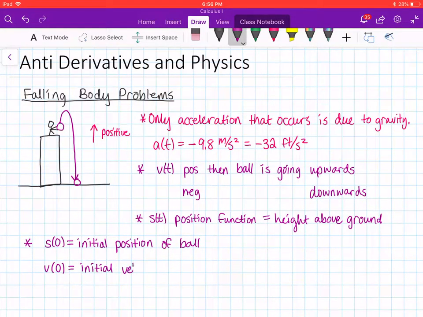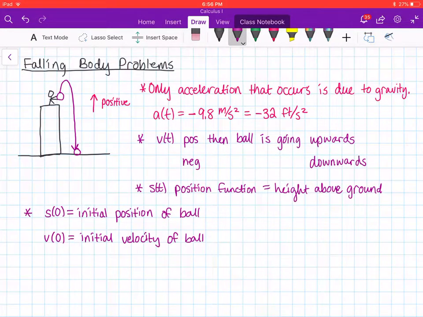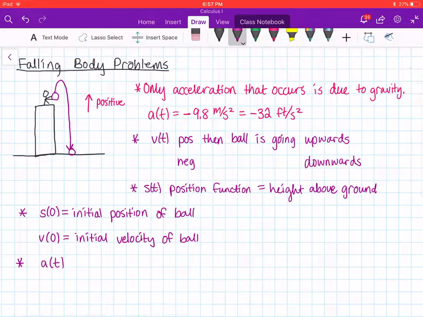So with what velocity do you throw the ball? One last thing, if you remember, we have a of t. The acceleration function equals the derivative of the velocity function and the second derivative of the position function. And that's going to help us here today.